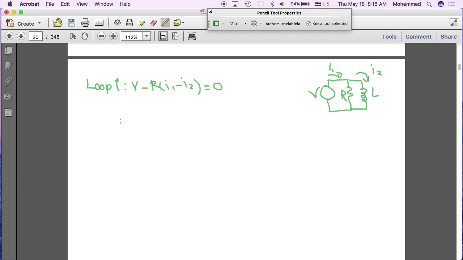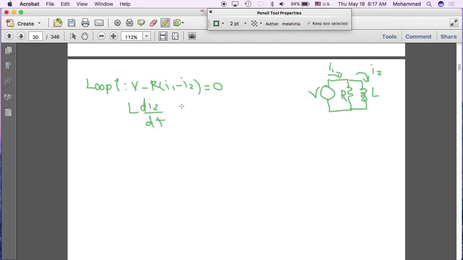Yeah. Okay, then we go to where? Current through L. So we consider this big loop or this loop? That small loop here. Okay, that's what you call loop 2. Tell me what is the equation there? You have L times di2 over dt. That is the voltage drop there.